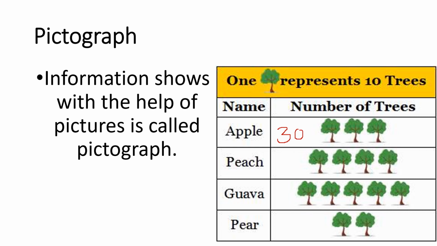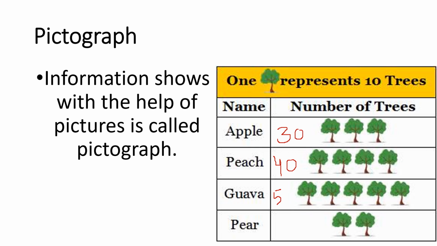For peach, 1, 2, 3, 4. One tree represents 10 trees. It means there are 4 trees, which says there are 40 trees of peach. Then for guava, just see here, 1, 2, 3, 4, 5. 5 tens are 50.